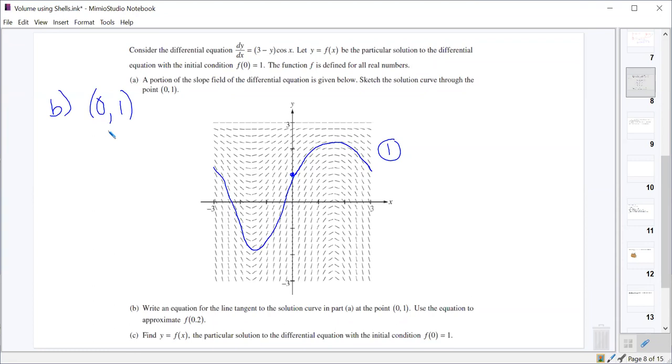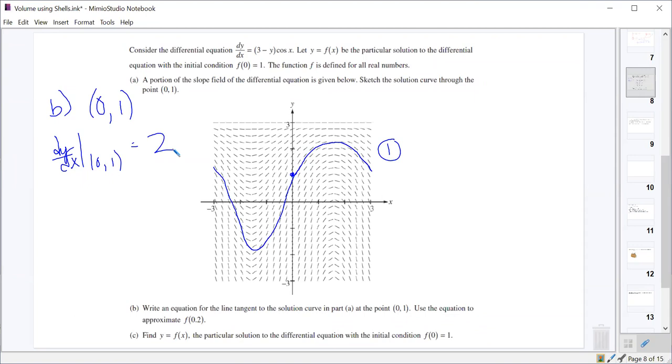And we need a slope. And how do we get the slope? Plug the point into the differential equation. At 0, 1, what do we get? So we get 2 cosine of 0 times 2. Cosine of 0 is 1.